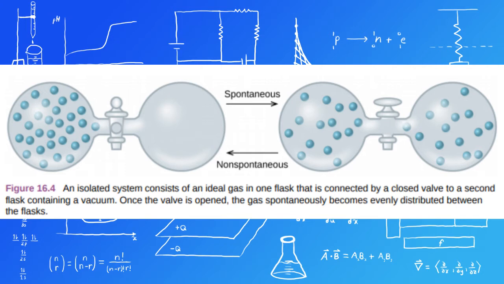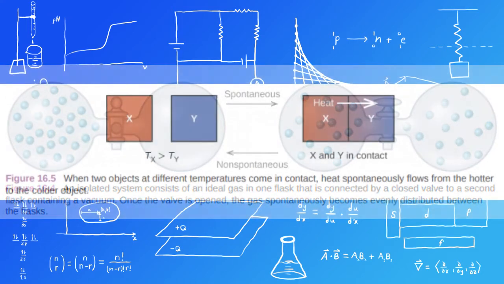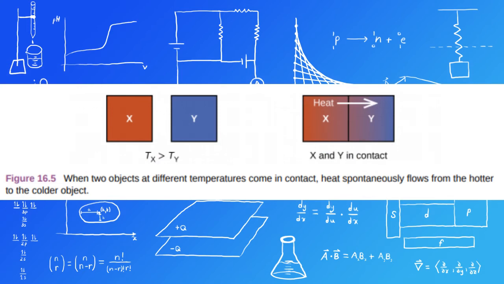So that's for particles. For energy, the higher probability of energy being more distributed helps explain why heat transfers from a hotter object to a colder object.